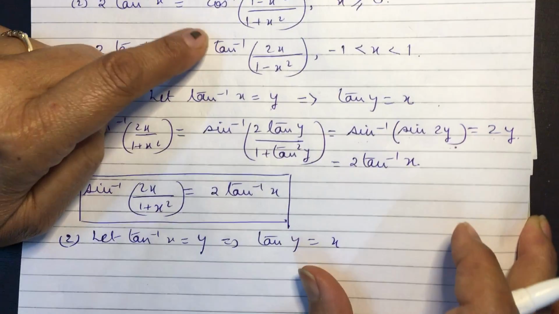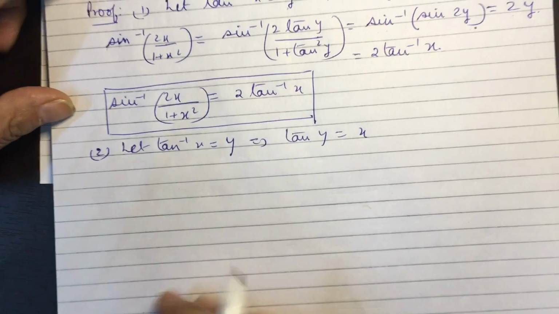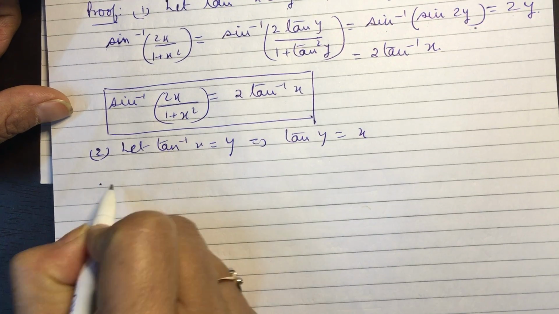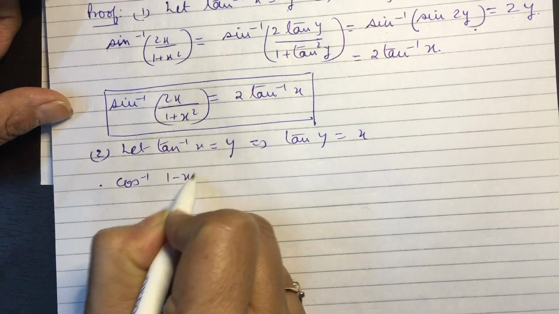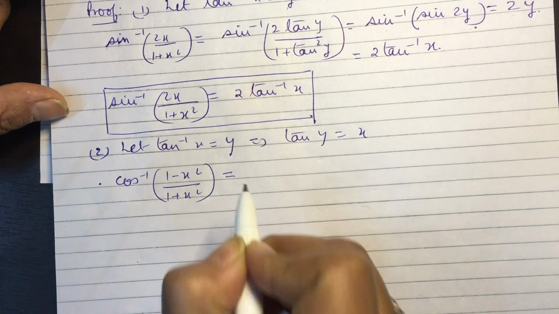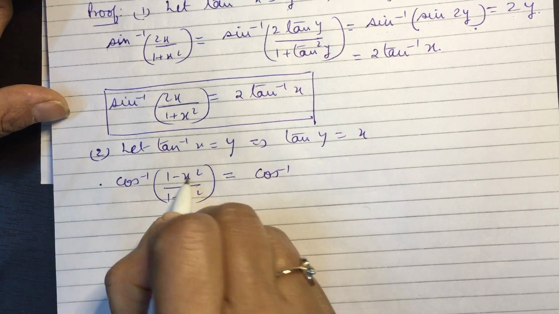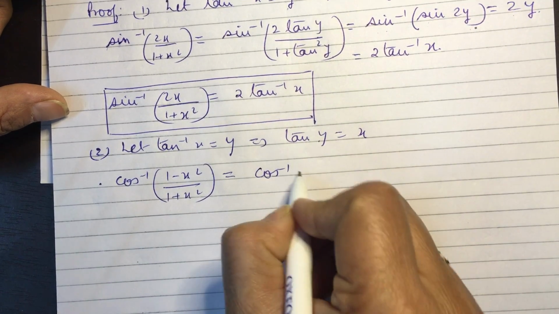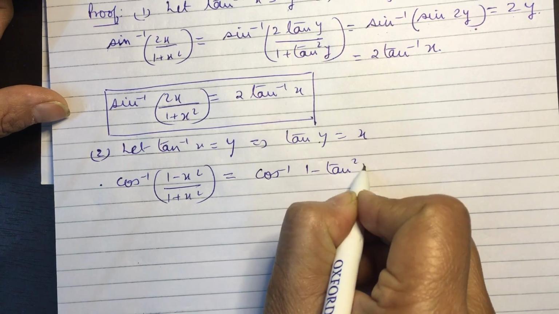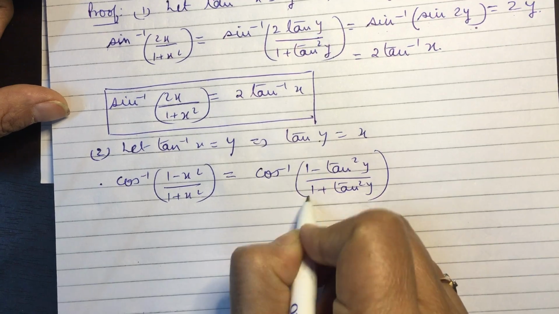So this gives us cos inverse of 1 minus x square over 1 plus x square will be equal to cos inverse, in place of x we will write tan y. So 1 minus tan squared y over 1 plus tan squared y.